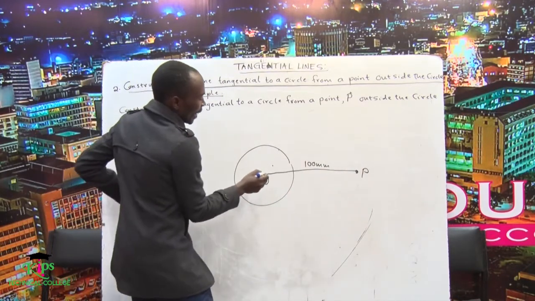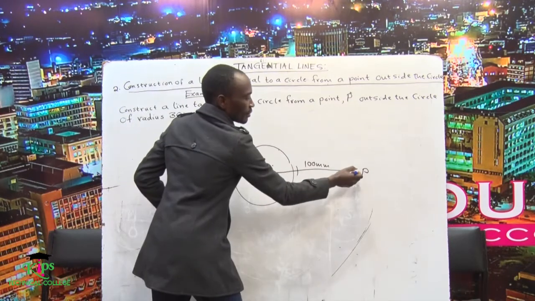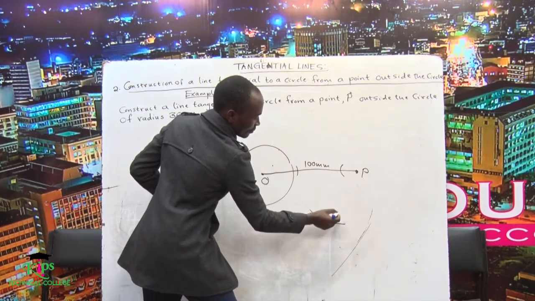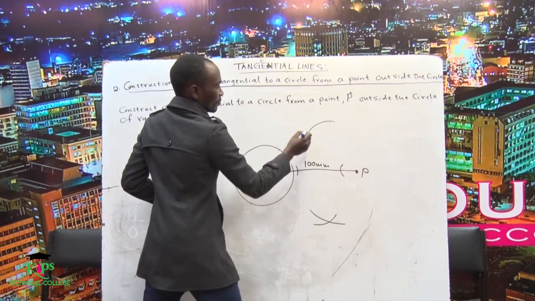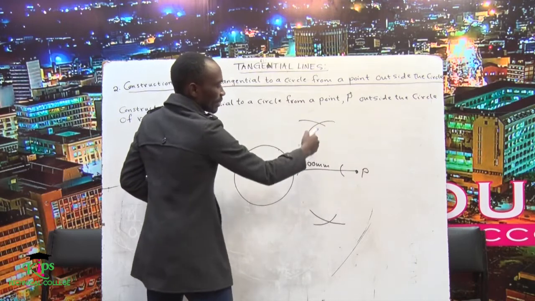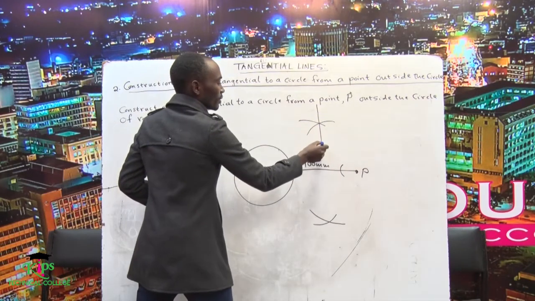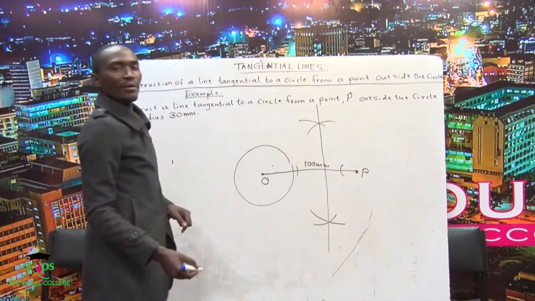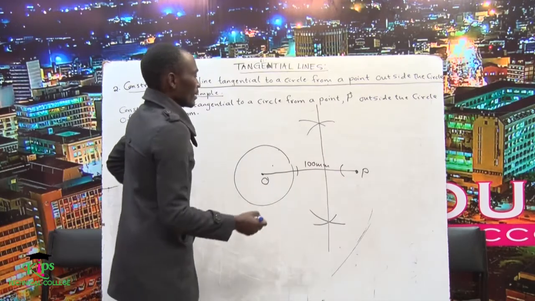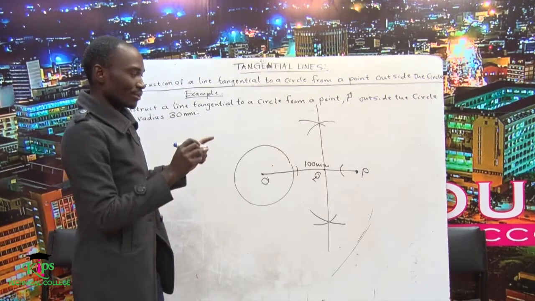Then from there, I will take my compass and bisect. I will stand here, bisect, stand here, bisect, and bisect. Then I will have bisected my line OP. Let me call that one my point Q.